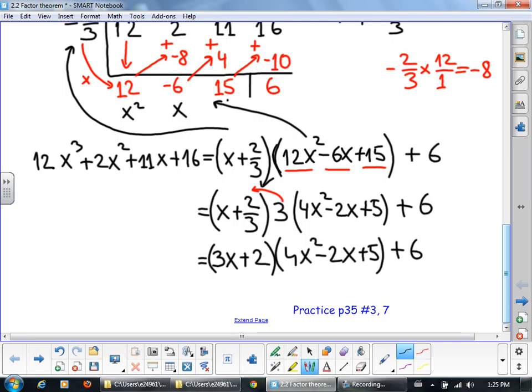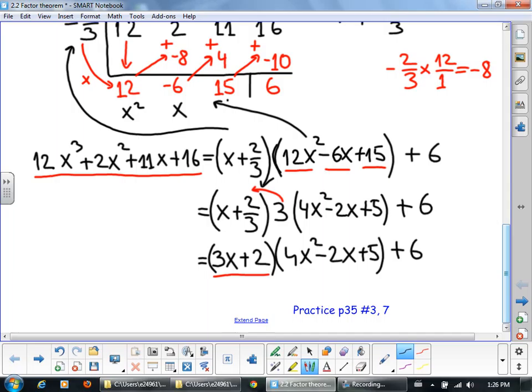And that would be your final division statement. So the answer to the question of 12x to the power of 3 plus 2x squared plus 11x plus 16 divided by 3x plus 2 is 4x squared minus 2x plus 5 with a remainder of 6.